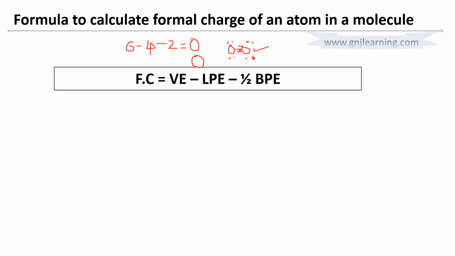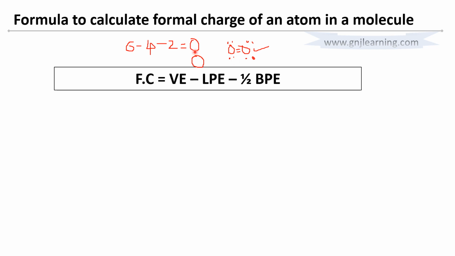You cannot say that all 4 electrons belong to this oxygen because they are being shared by the other oxygen. If there are 4 electrons here, half of it belongs to this oxygen and half of it belongs to the other oxygen. So has this oxygen gained any electrons? No, it has not gained electrons.